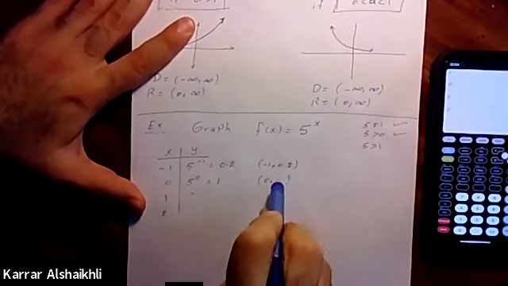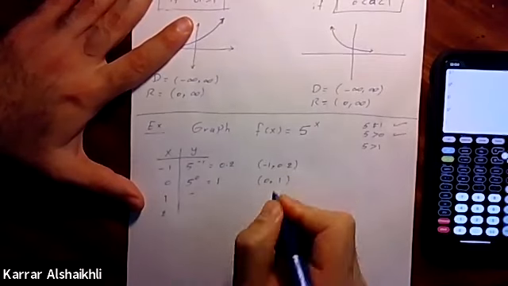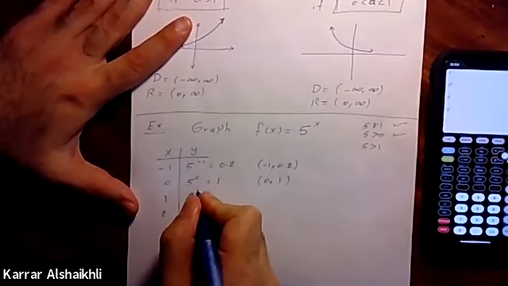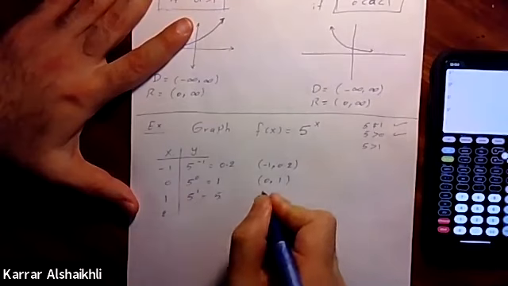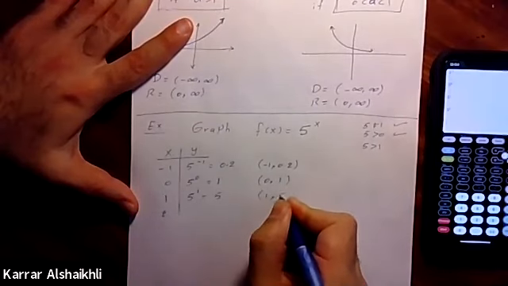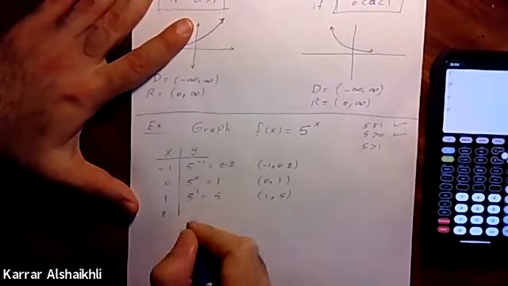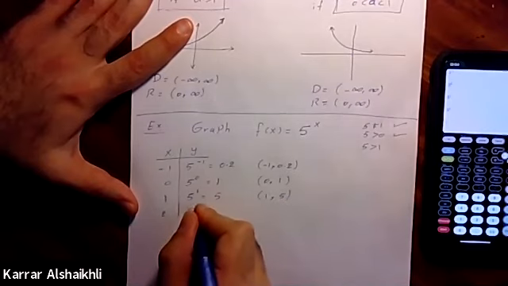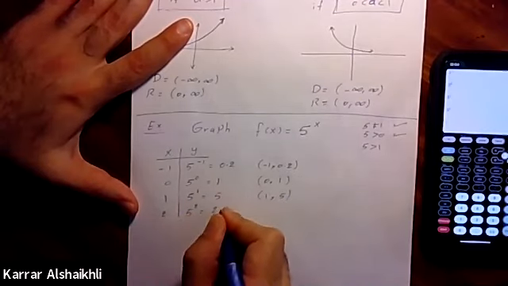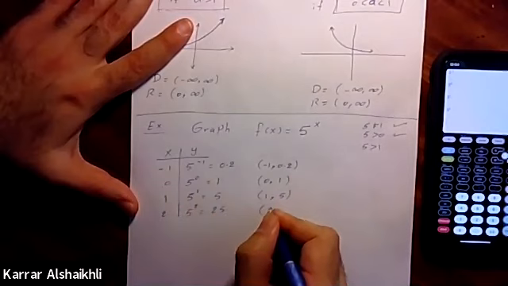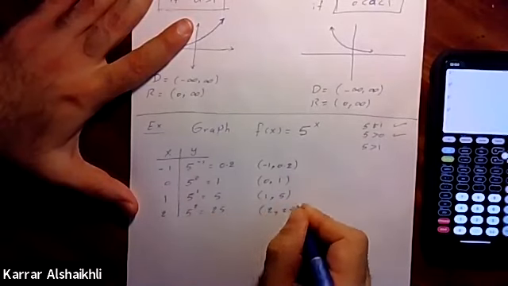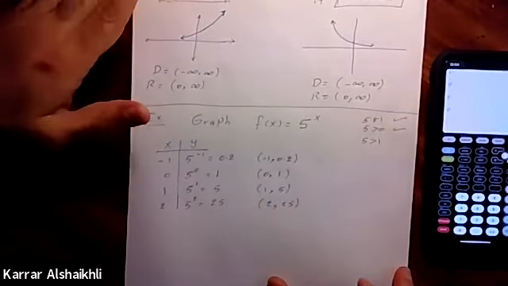So it's going to be 0, 1. 5 to the exponent 1 is going to be 5. That means it's going to be 1 and 5. And the last one is going to be 5 to the exponent 2 is going to be 25. So it's going to be 2 and 25. So we get the points.